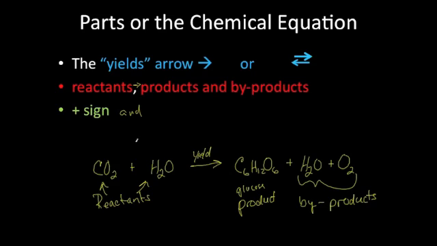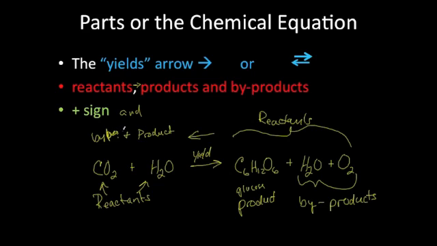Okay, so parts of the chemical equation. You have anything behind the arrow. Okay, so if the arrow is facing the other way, these would now be the reactants, and these would be the products and byproducts. And there is an energy source here, okay?